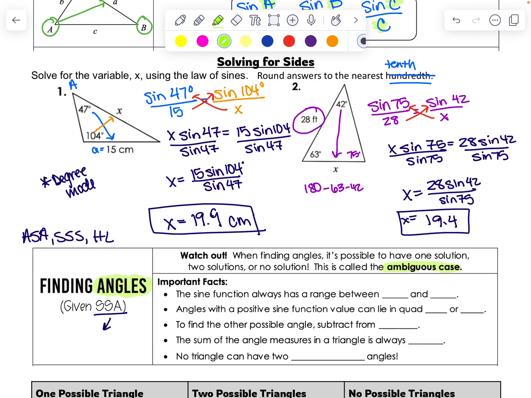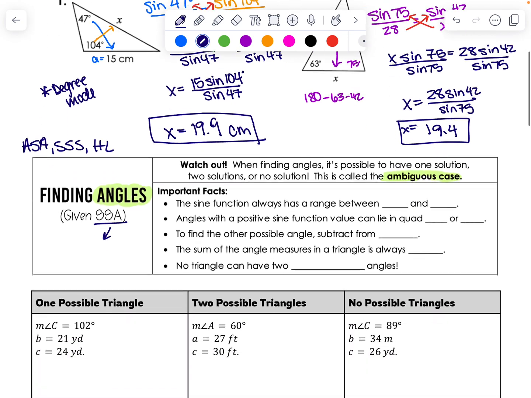When we have this, we have to remember that all of our sine functions always have a ratio between -1 and 1, right? We had ratios of 1/2, √3/2, √2/2. All of those values are between -1 and +1.